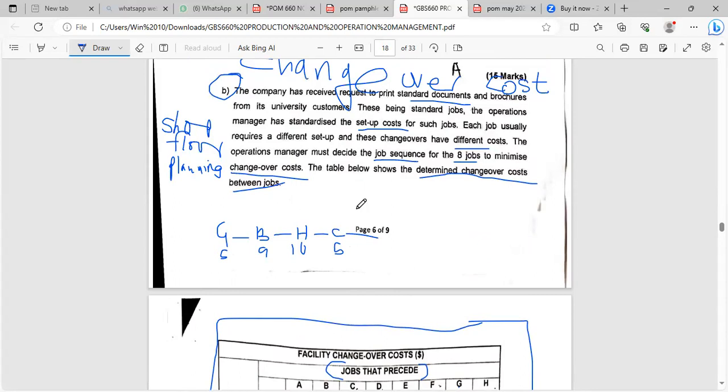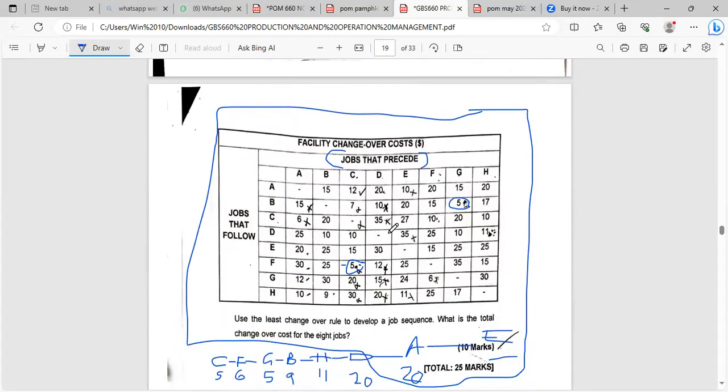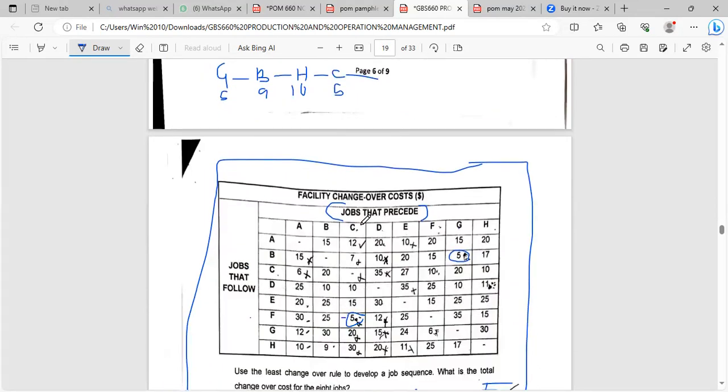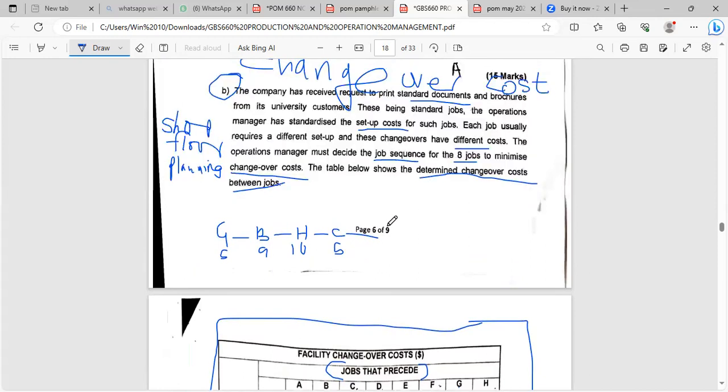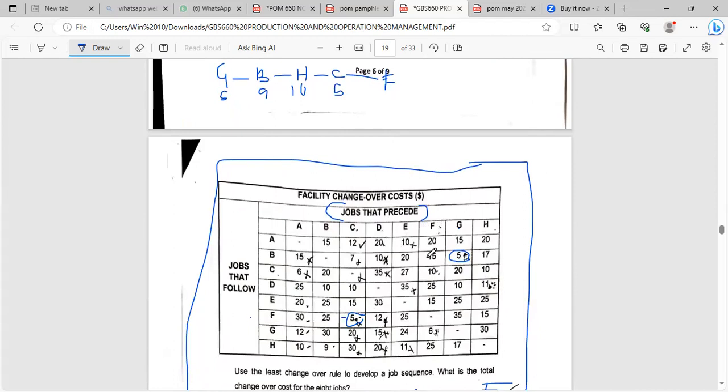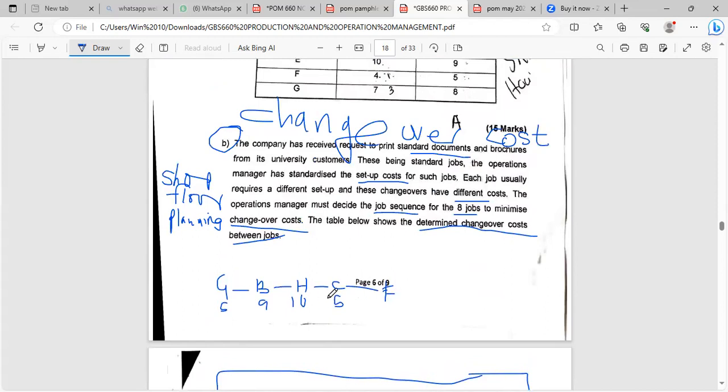So what I'm trying to say is that this is just the way you look at it as we go. So C is 5, you go to F. There in F, you select the smallest cost, which is G, but you have to avoid the job that you have already worked on. If you have already worked on it, don't go and work on it again, because you have already finished that job.